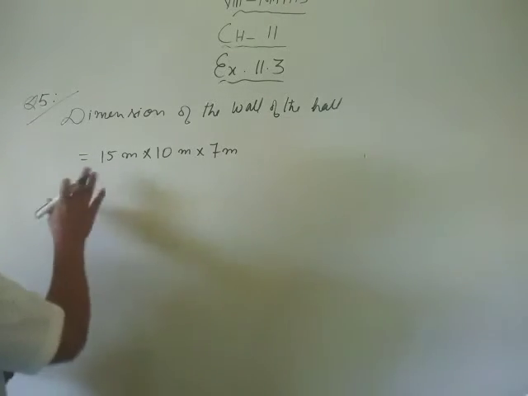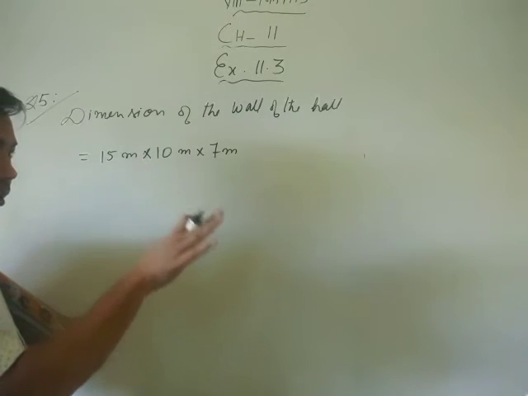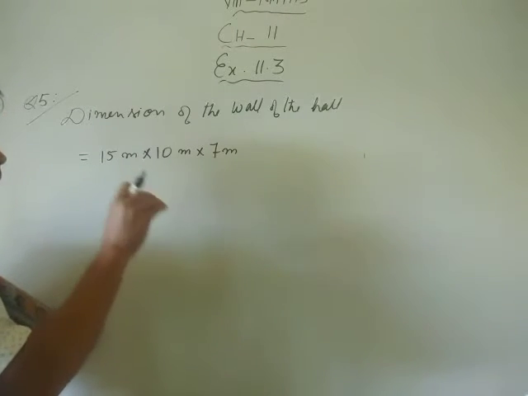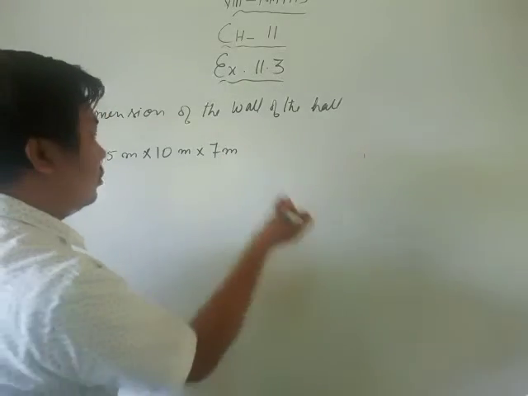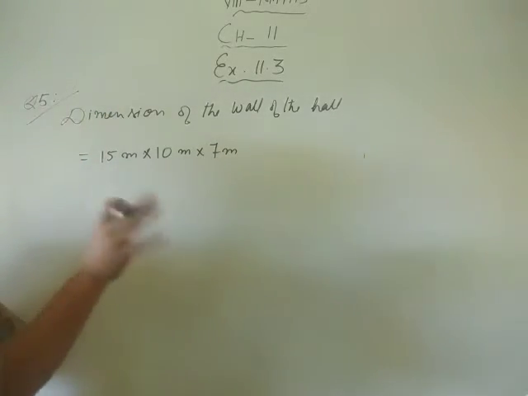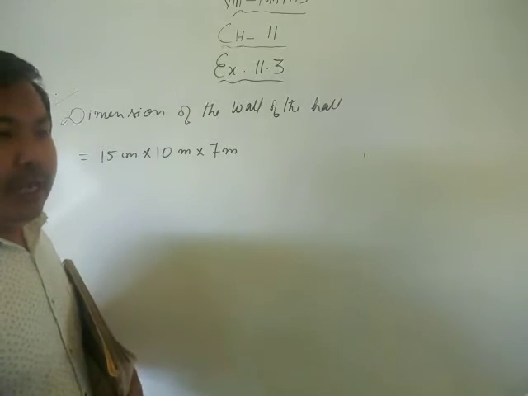So what happens? We find the total surface area of the room, of the dimension of the room. Then we subtract one surface area, so that we get the exact area to be painted. Not all, because the floor will not be painted. The area of the floor will be subtracted.